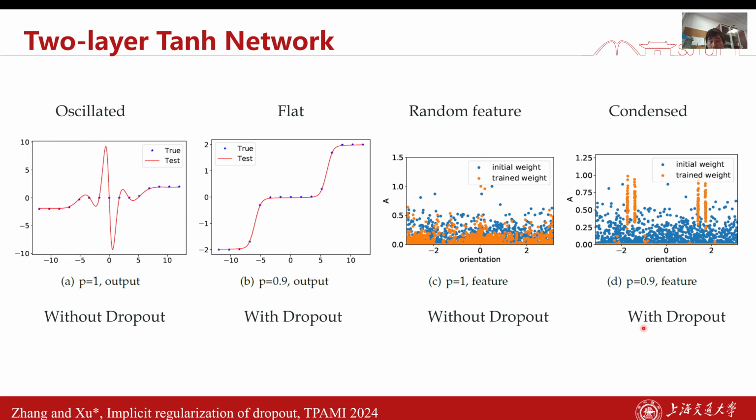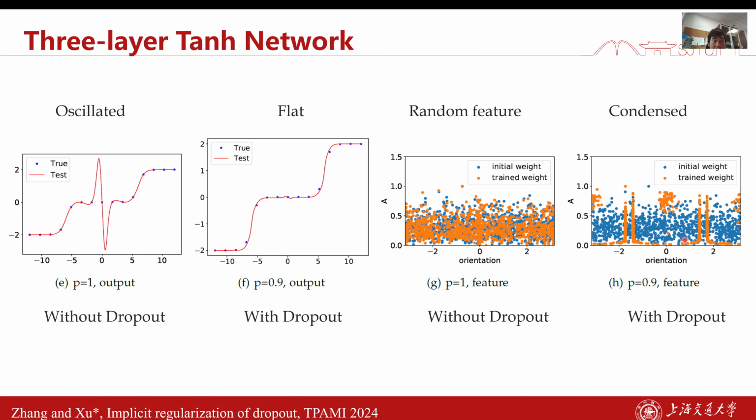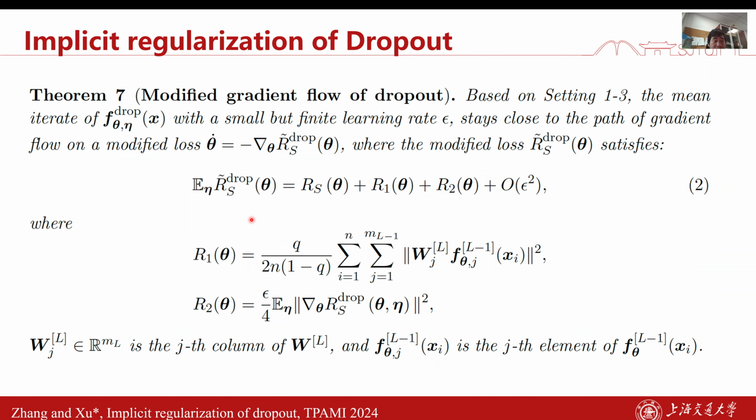But for dropout, you can see neurons condense in four directions. It's very different, a very clear condensation in the two-layer network. And for the three-layer network, you can similarly observe this condensation happening, and this more flat curve to fit the training data.